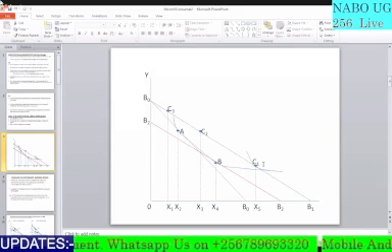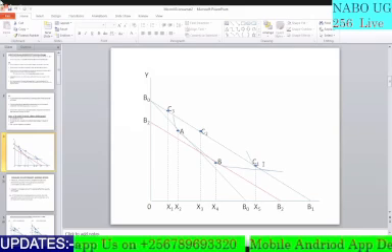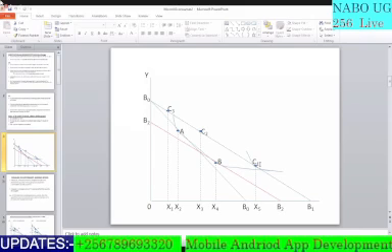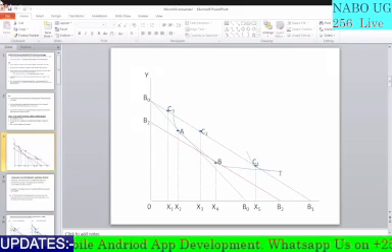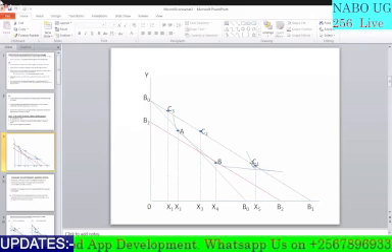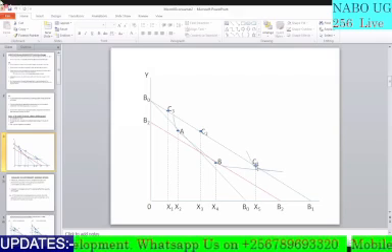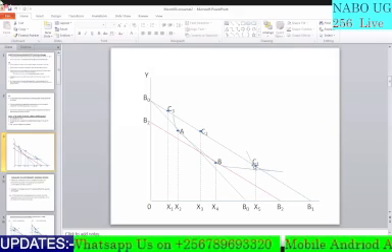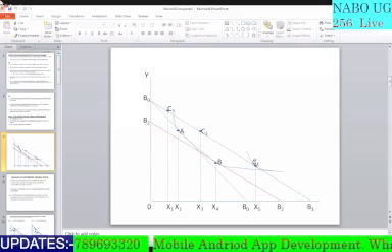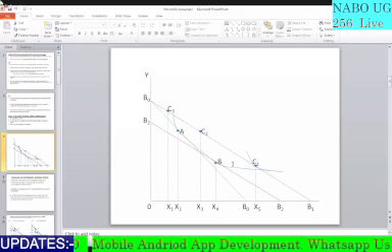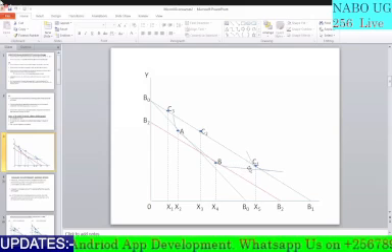Now we want, first of all, to isolate the substitution effect from the income effect. We said that substitution occurs along the same indifference curve. C is on a higher indifference curve, so we want to force the individual back to the original indifference curve.